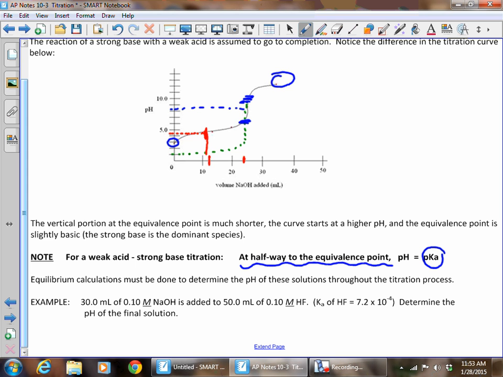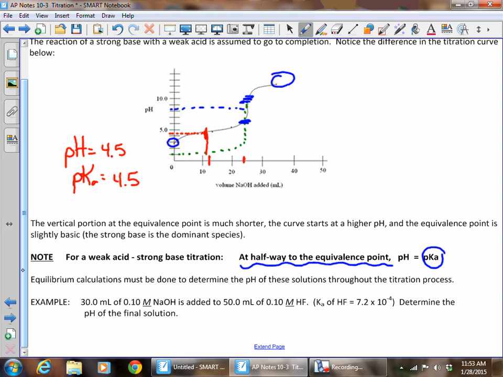So if the pH is about 4.5, then the pKa of that acid is also going to be 4.5. So that's a very interesting point to remember about these weak acid and strong base situations. So keep that in mind.